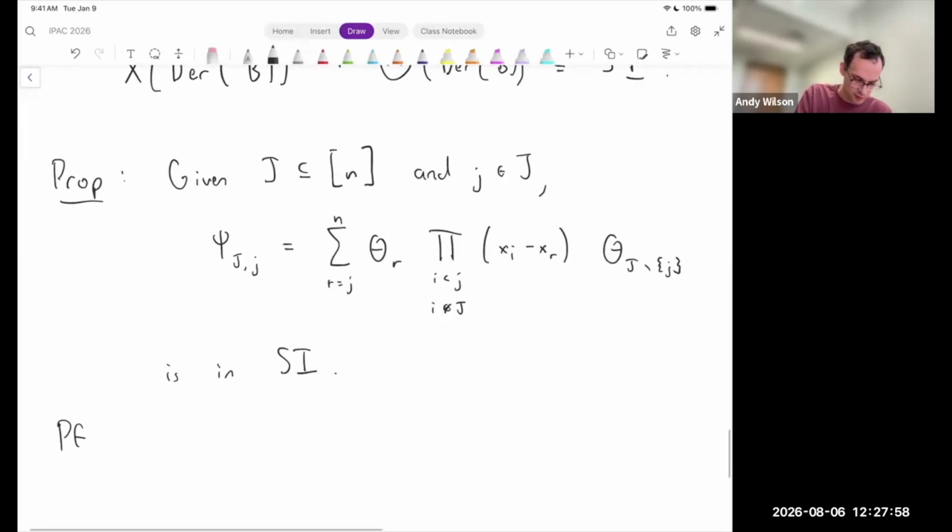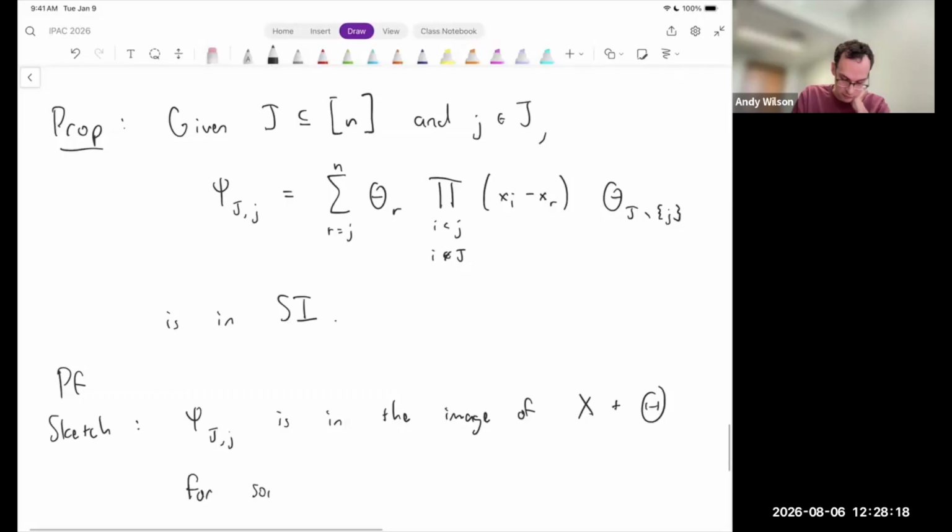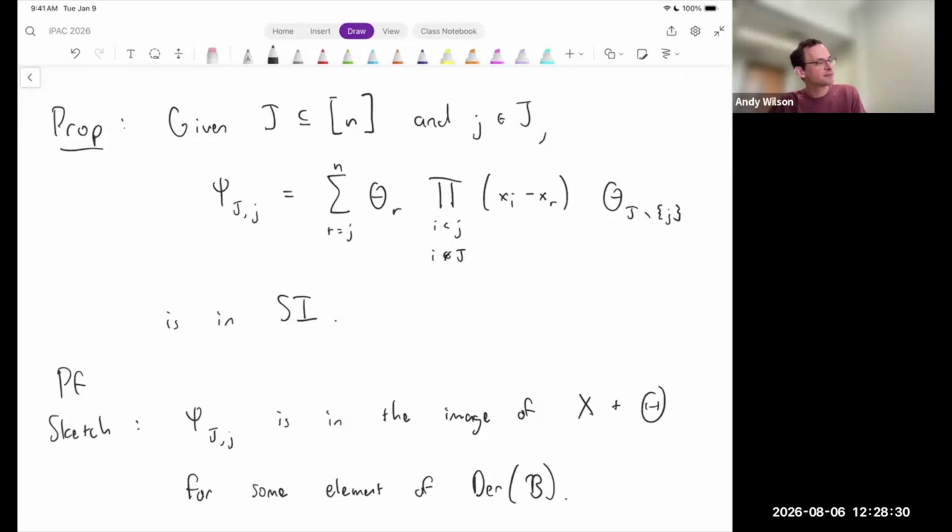And the proof goes by arguing that it's an image of this capital X plus capital theta map for some element of the module of derivations of the braid arrangement. It's technical, but it's really just a pure algebraic proof: you write some things down, you verify it's in the module of derivations, and then you get what you would like. Okay.